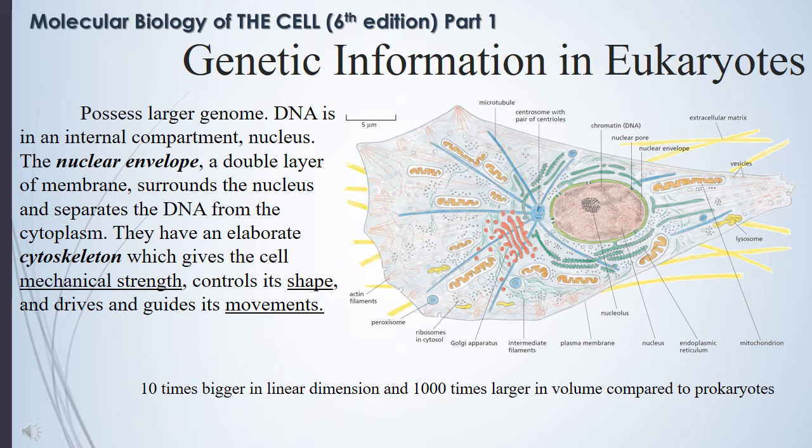The eukaryotic cell can be 10 times larger in linear dimensions compared to prokaryotes, and they can be 1,000 times larger in volume. So, just to put it in perspective.